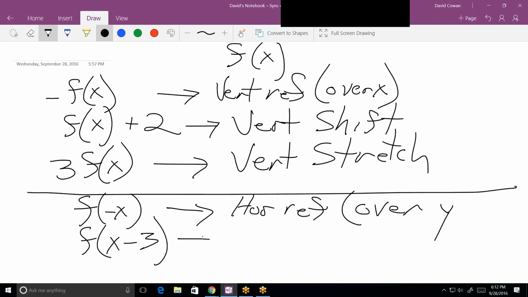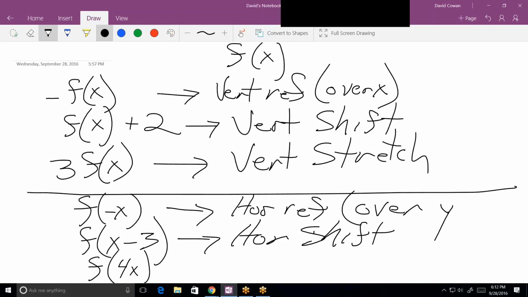That is a horizontal shift. Does not change the shape of the graph, merely moves it left or right. And finally, the third one is that, and that is a horizontal stretch.